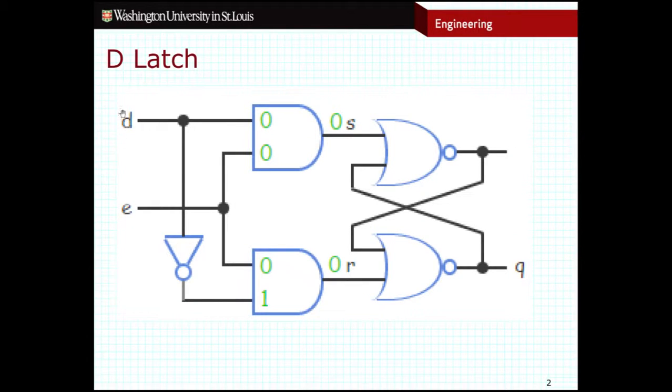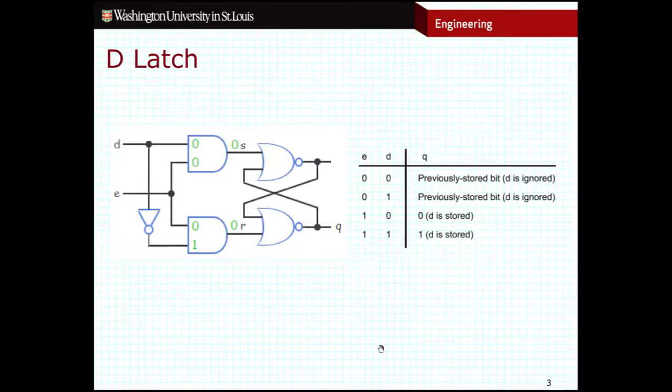If E is high and D is low, then this AND gate will be off, this AND gate down here will be on and outputting true, which means our reset bit is high, which means that Q will be low, Q will be off. Then the enable signal can go low at that particular point, and this circuit will remember what the previous value of D was. Whatever D was when the enable signal went low is what will be stored in this particular latch. So that's how a D latch works.